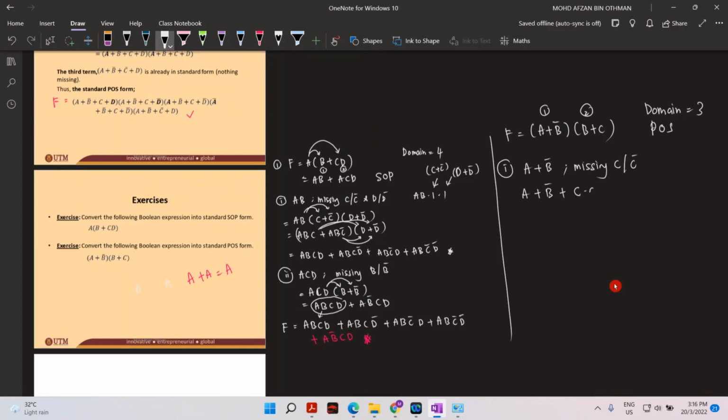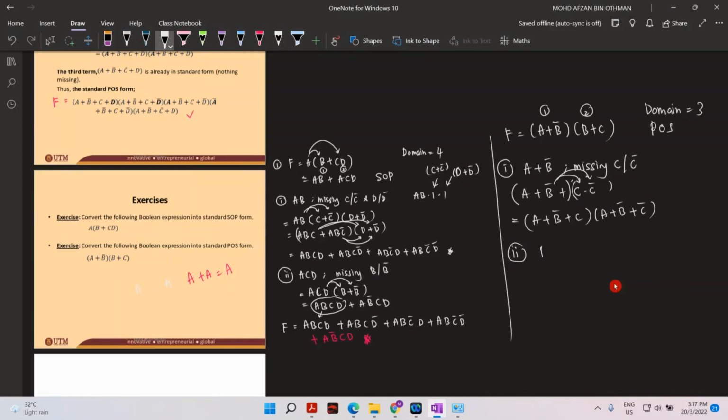C dot C bar. So this is a kosong lah. Okay, and then from here, kamu kembangkan dia. Okay, so kamu akan dapat A tambah B bar tambah C dot with A tambah B bar tambah C bar. Okay, so this is nombor 1.